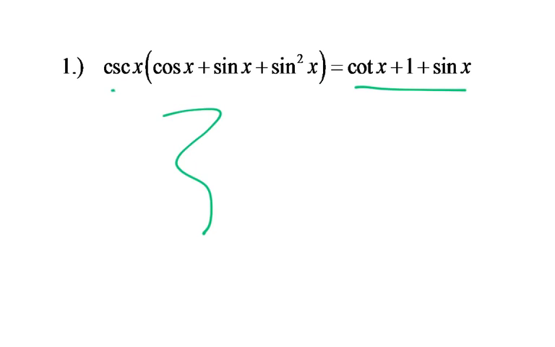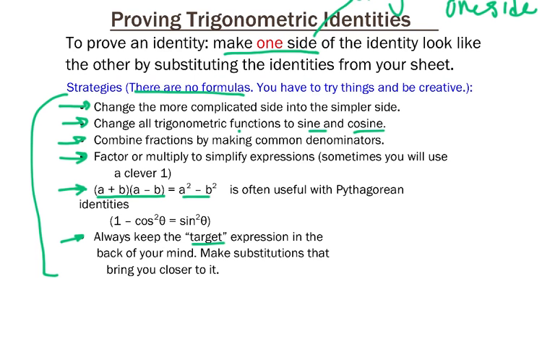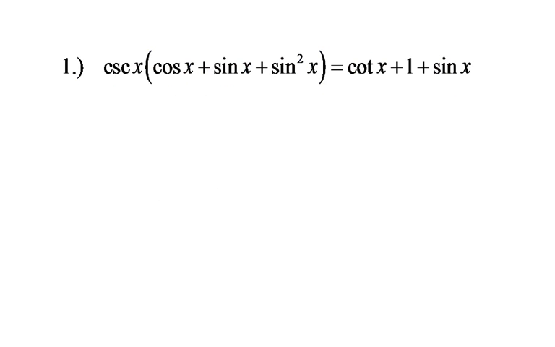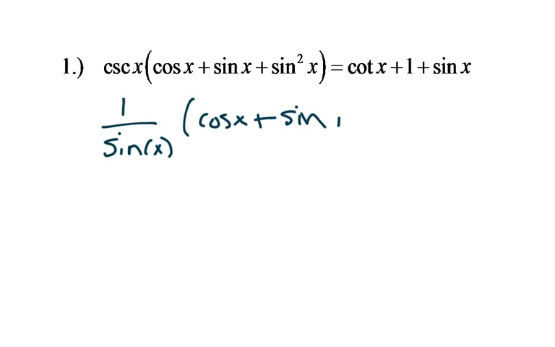So, taking a look at number 1, again, the first thing that I'm going to do is probably understand that I can rewrite my cosecant, for instance, as 1 over sine, so that idea of making things into sine and cosine. So I have 1 over sine, and that's going to be multiplied into cosine plus sine plus, sine of x plus sine squared of x.